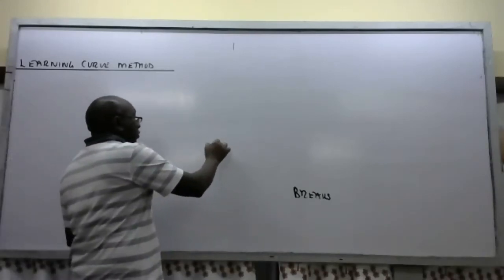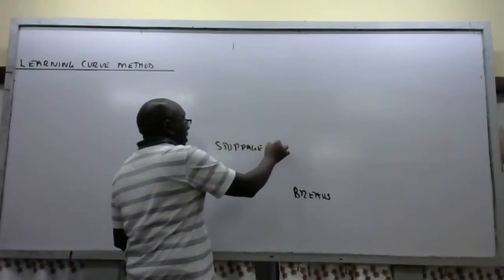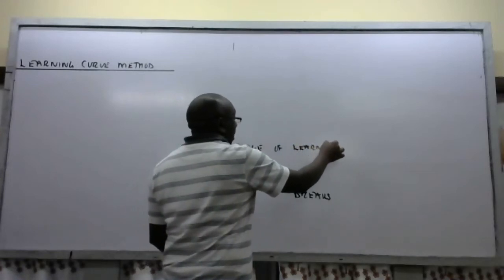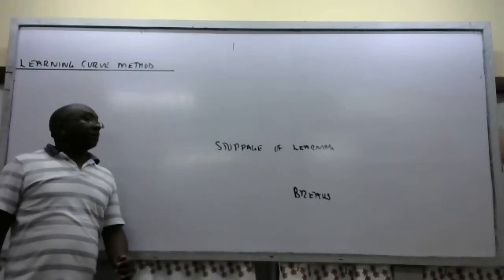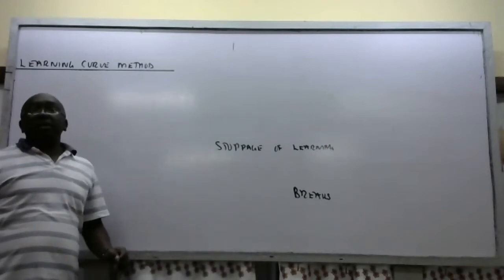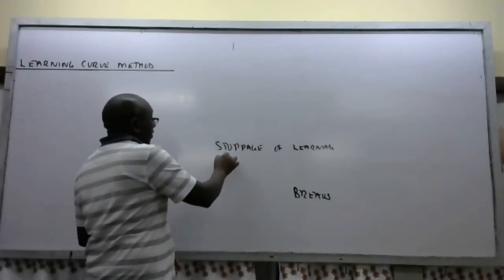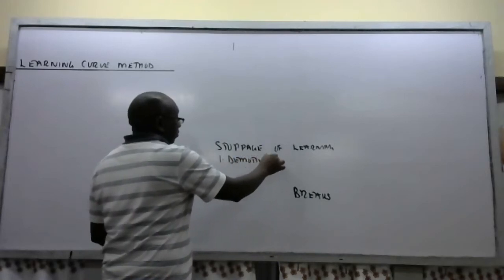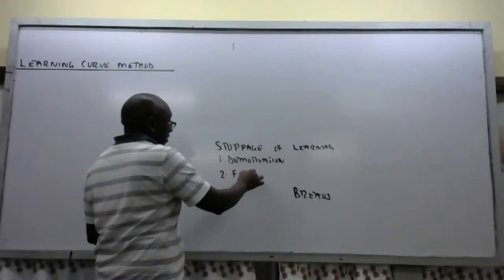Then the next thing that we need to mention briefly is called stoppage of running. At what point do you stop running, or understanding? Stoppage of running. A few issues. One is demotivation. Another one is fatigue.